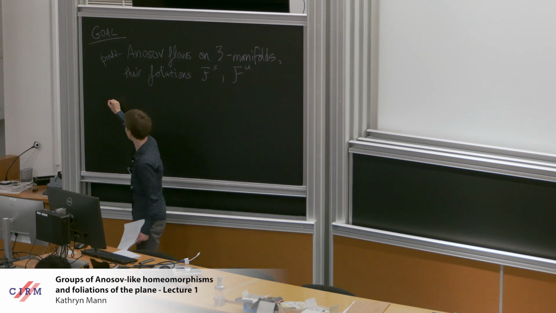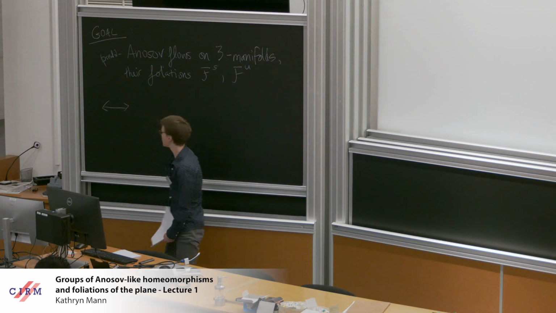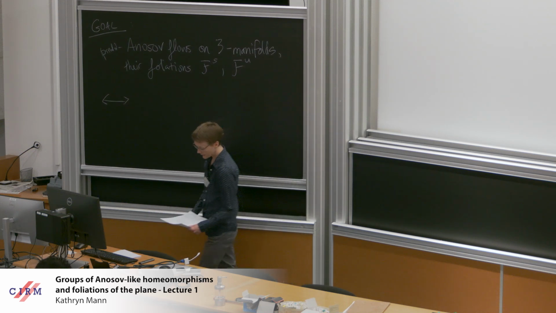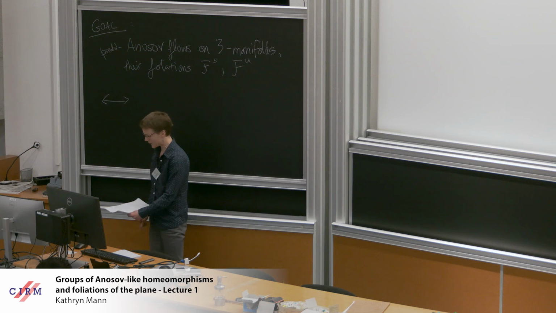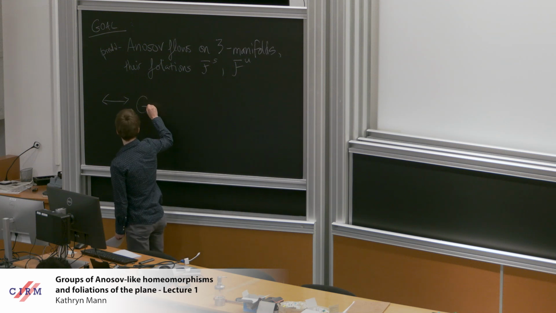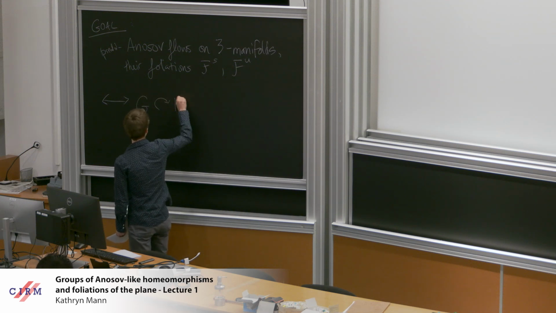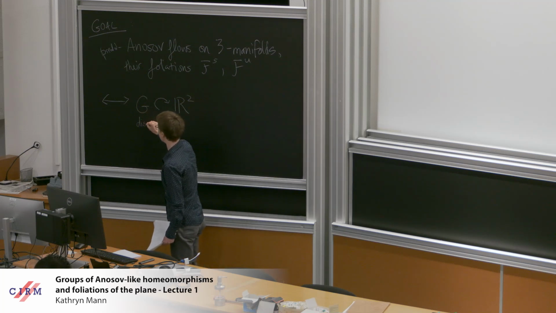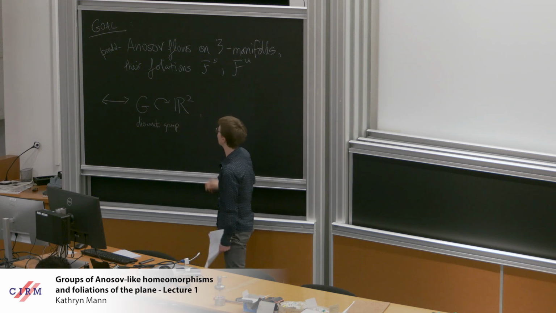And a picture used first very productively in work of Thierry Barbot and Sergio Fenley that translates this data into a discrete group acting on the plane. Again, now with invariant one-dimensional instead of two-dimensional foliations.